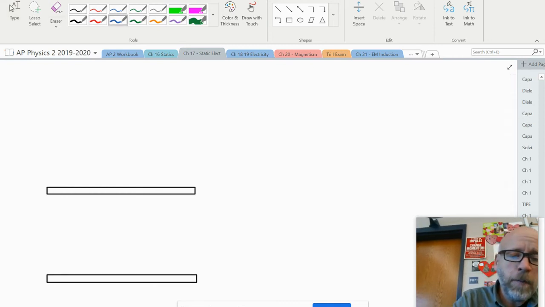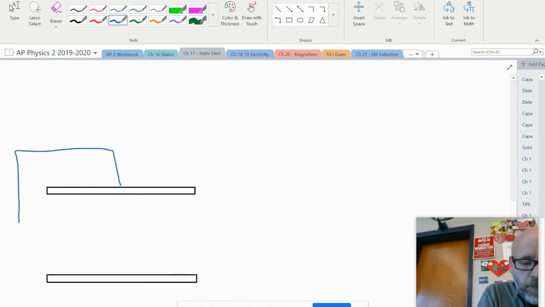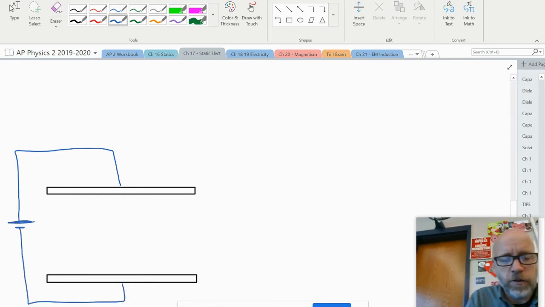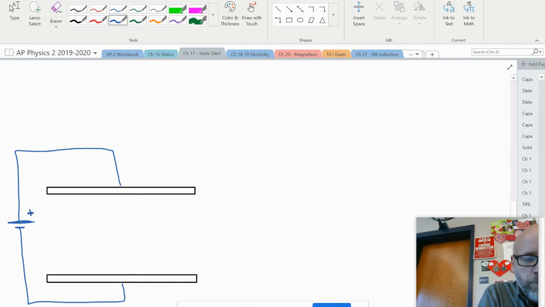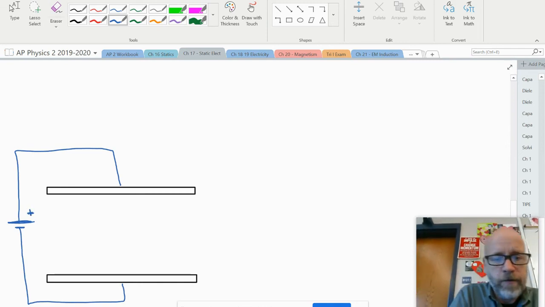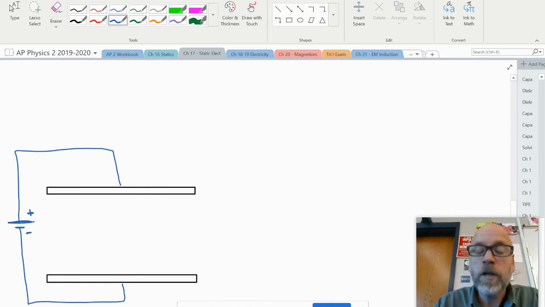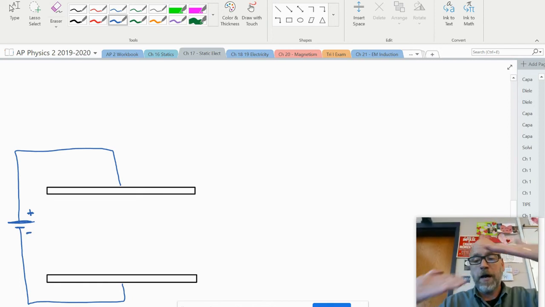And if I were to hook up a battery to those 2 plates, so I'm going to put the positive terminal. Now, this is from last year. I just hooked up the positive terminal, which is the longer side, and the negative terminal, which is the shorter side, to 2 sides of a capacitor plate, or just, how about 2 plates?